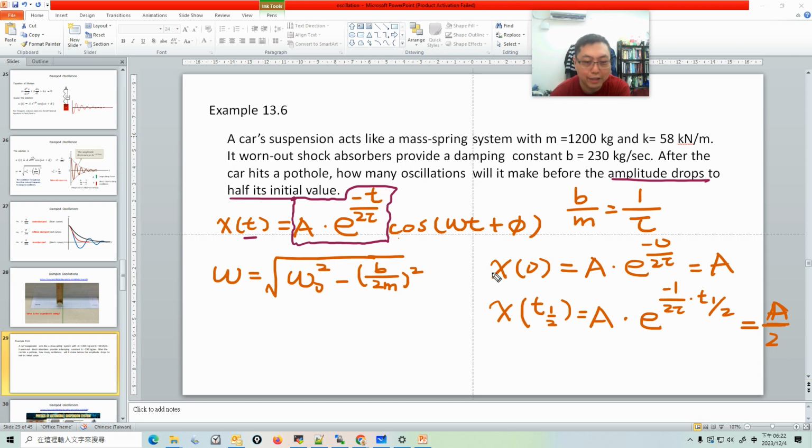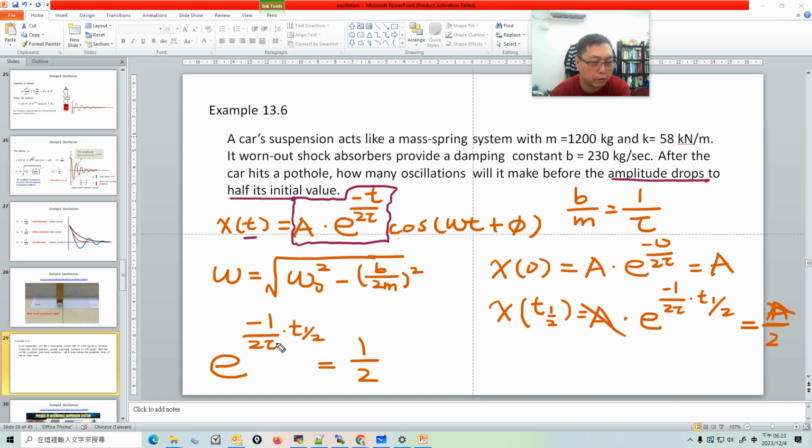So we reach the equation, and we see that we don't really need A, because it cancels out. We have e to the power of minus T1/2 over 2 tau equals 1/2. Can we solve for T1/2?